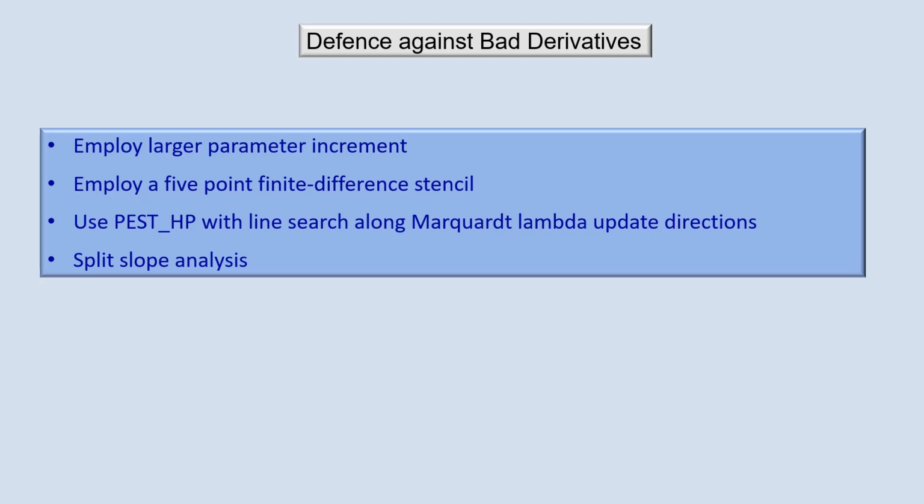These include using a larger parameter increment, maybe employing a 5-point finite difference stencil. That's expensive. You can use PEST_HP, which undertakes a line search along lambda upgrade directions, or we can undertake split slope analysis. I'll explain the last two of these now.